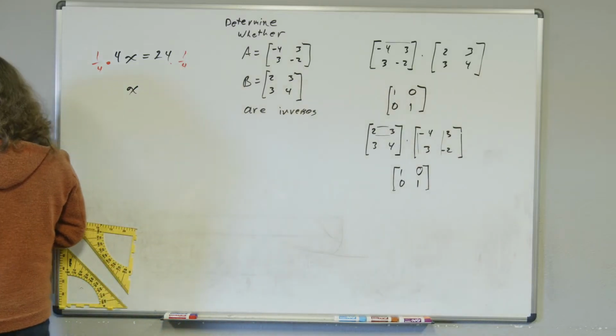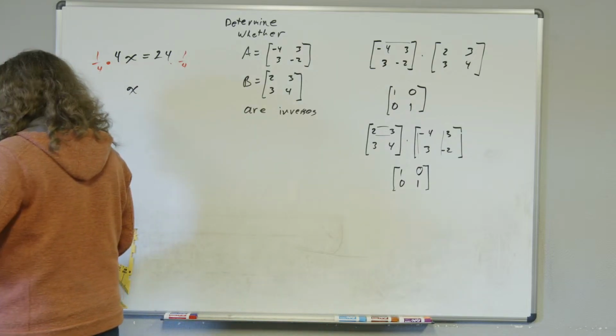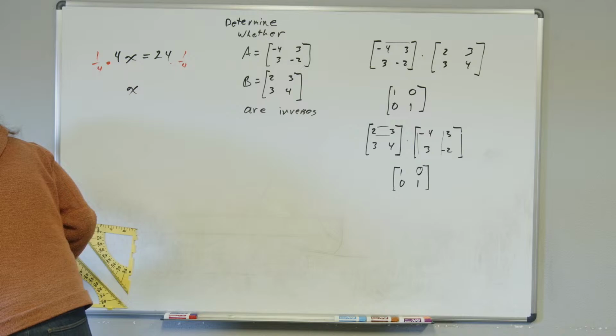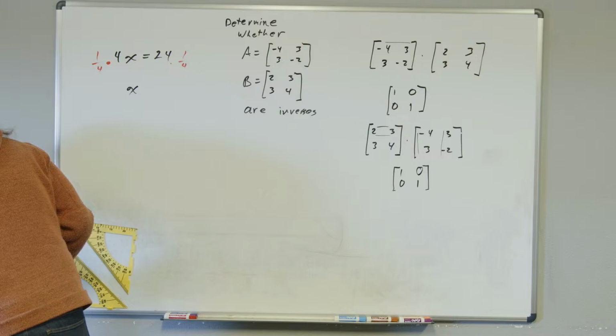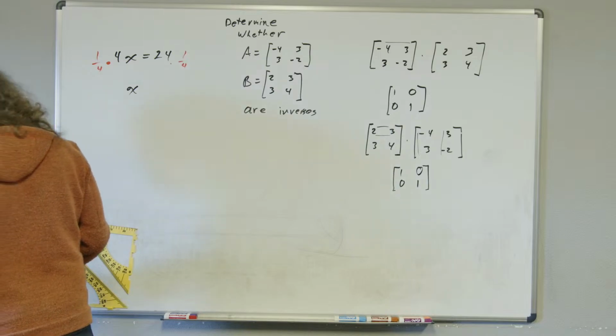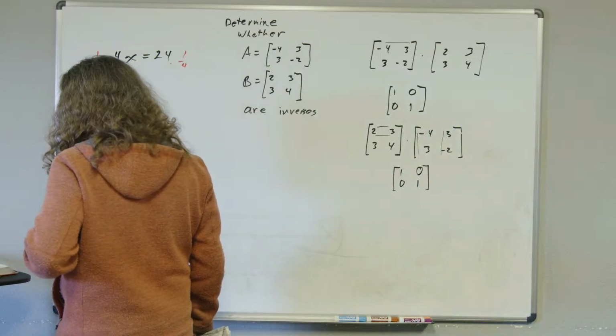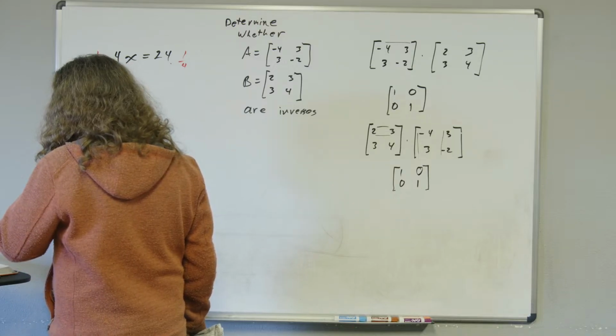So what about if I have a matrix and I need to find its inverse? Do I want to teach you that method? Yeah, I do, because of 3 by 3 matrices.